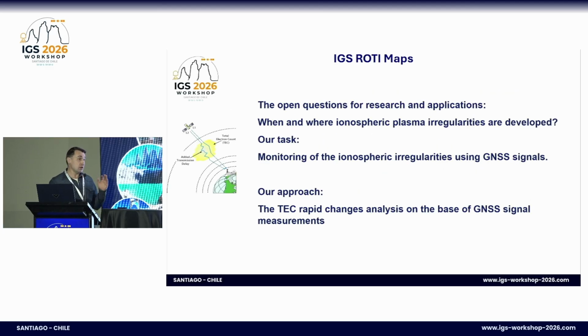And what is ROTI Map and why was it developed? The main question is how we can detect atmospheric irregularities, when they occurred and how they developed. For this task, we use GNSS signals, and the basic approach is analyzing TEC changes derived from GNSS signal measurements.